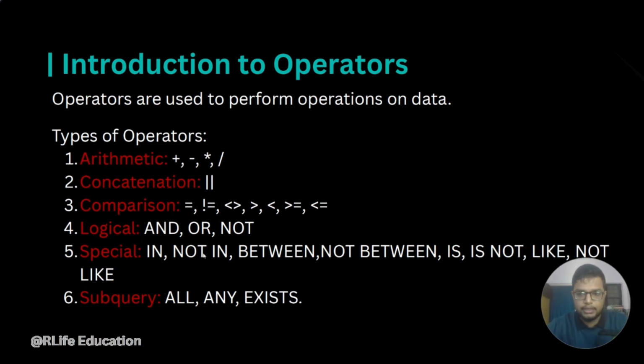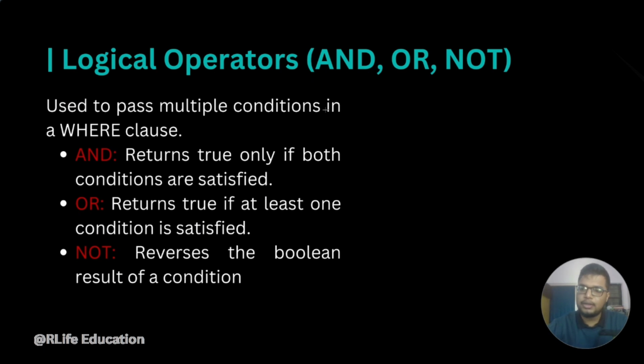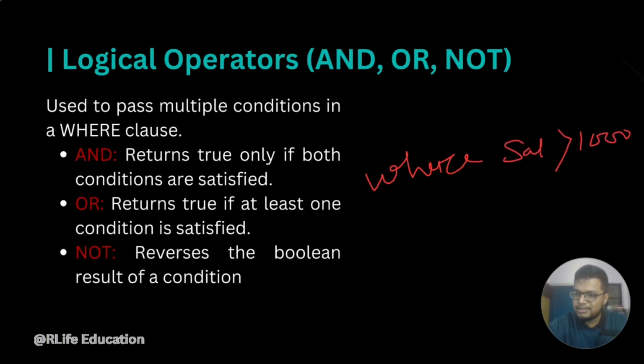Now, the logical operators. What does a logical operator mean? In logical operators, basically three operators are there: and, or, not. And how do they work? AND is used in our selection part, like in our where clause, when we have to write multiple conditions. I provide whether the employee earns more than 1000 salary, and I also provide the condition that department number must be equal to 20.